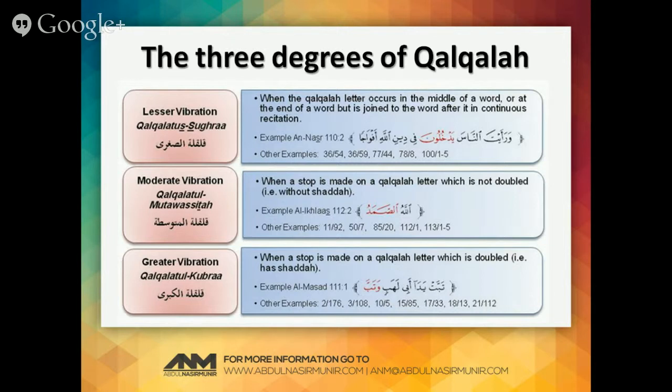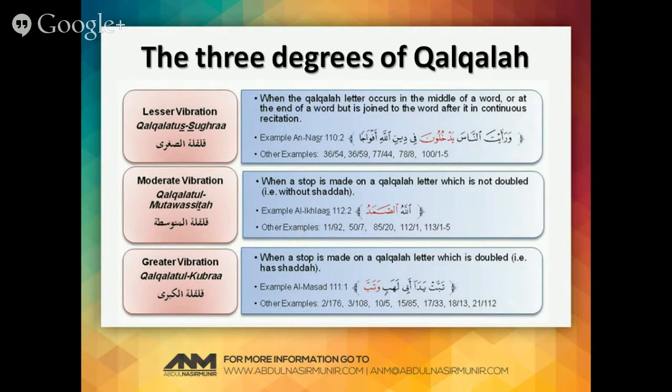Then we have the last example, the greater vibration, which is qalqalatul kubra. This is when the stop is made on the qalqala letter, but it has a shadda. The second example was with the sukoon, and this one has shadda. So we will read Tabbat yada abi lahabin wa tab.